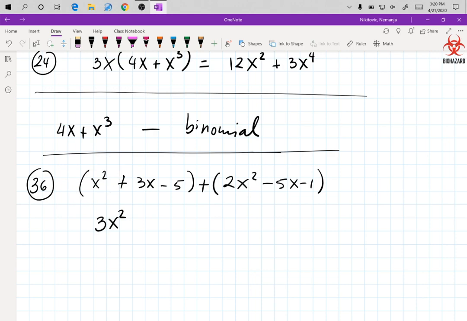And then we have 3x minus 5x. That's going to be negative 2x, right? Because it's technically 3 minus 5, and 3 minus 5 is negative 2, right? Because you are subtracting more than what you have. And then finally, we have the constant numbers. Minus 5 minus 1 will be minus 6, because you are making it worse, right? It's negative 5 already, and then we take away one more, making it more negative.